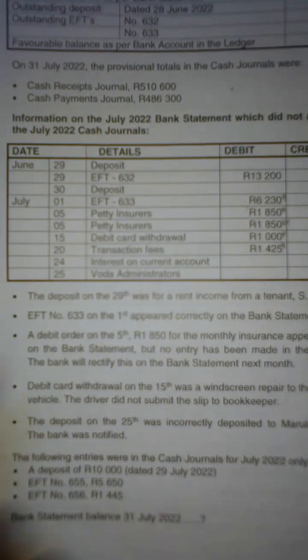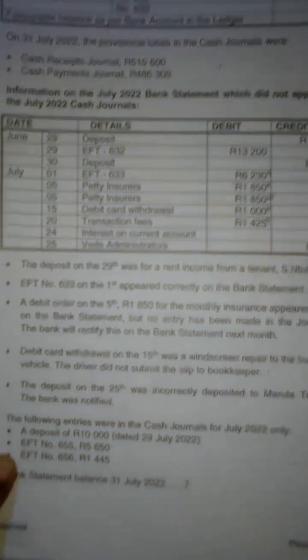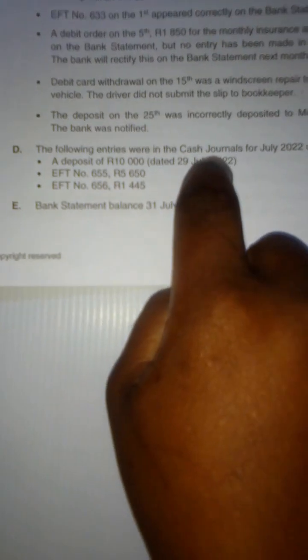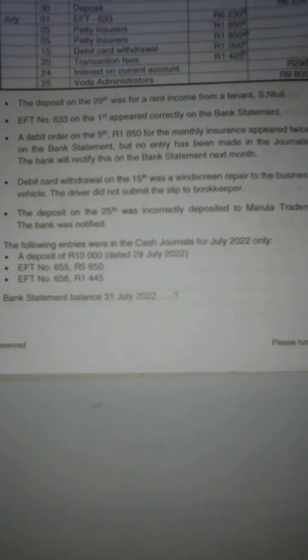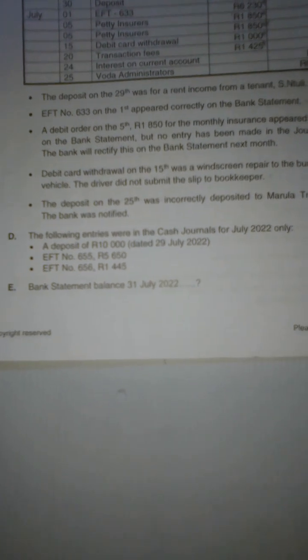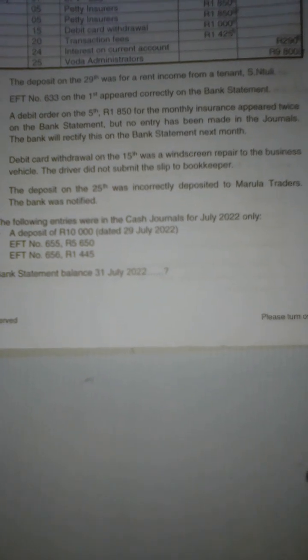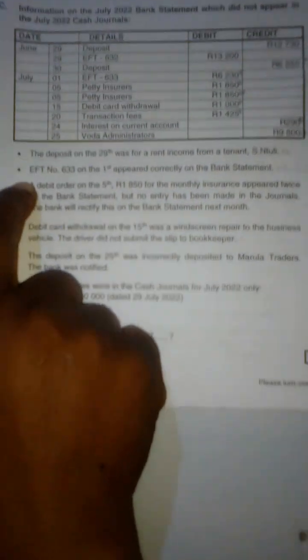The amount that is given on the 29th of July is actually appearing here on D. The following entries were in the cash journals for July 2022: a deposit of 10,000 dated 29 July 2022. This amount will go to our bank reconciliation statement. We do not record it in our CRJ or in our CPJ.